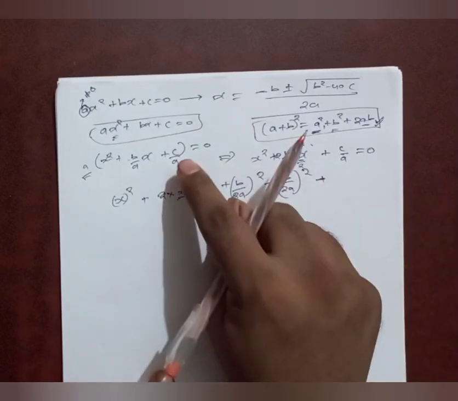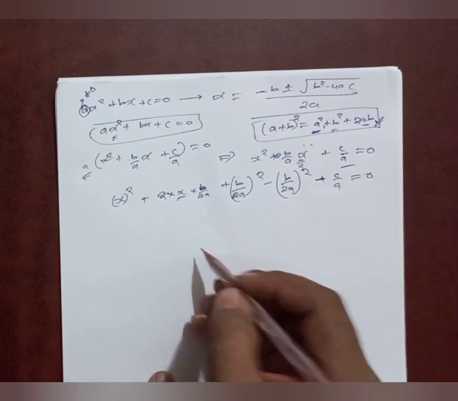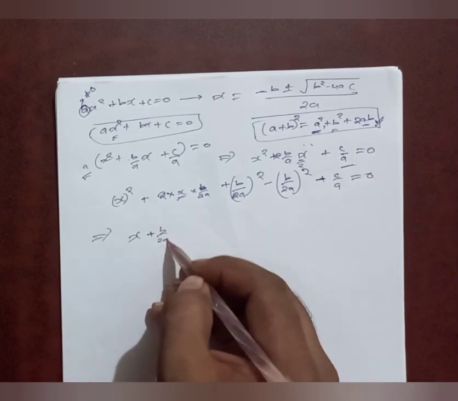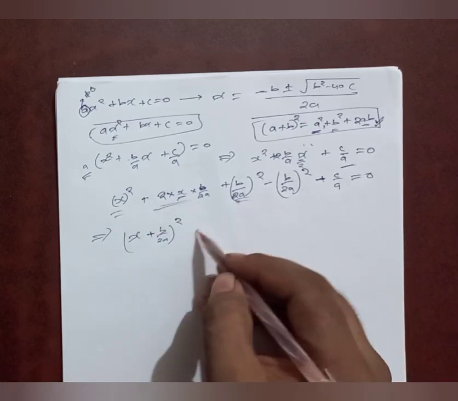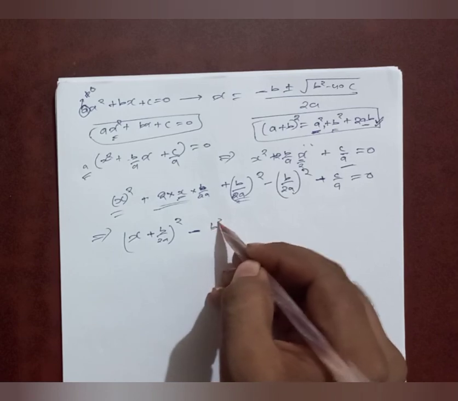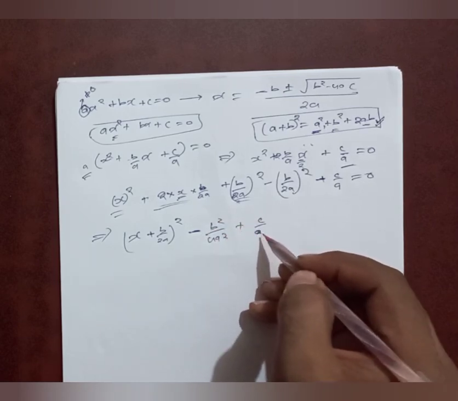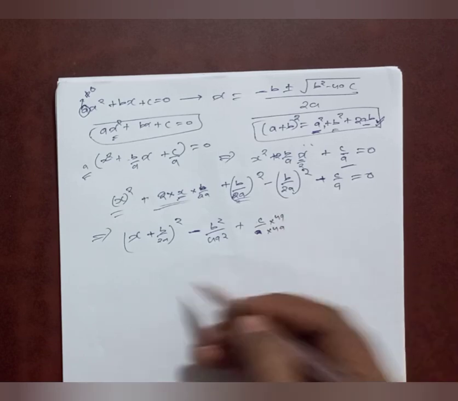Plus there is another constant, nothing but c by a, is equal to 0. From this I can write x plus b by 2a whole square, that is a square plus b square plus 2ab, minus b square by 4a square plus c by a. Friends, I will multiply and divide this with 4a.